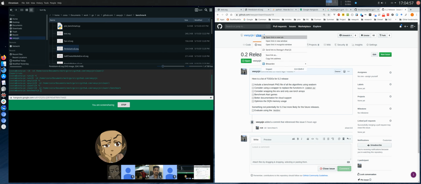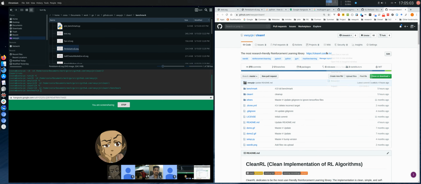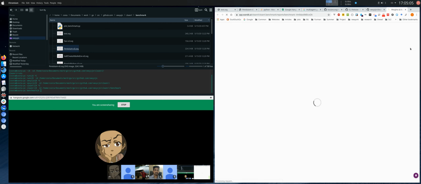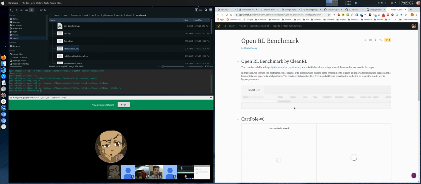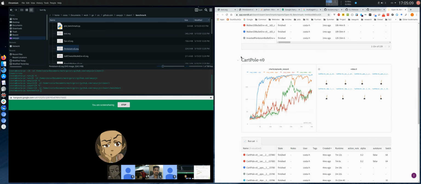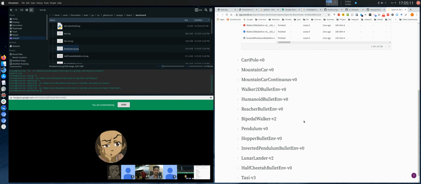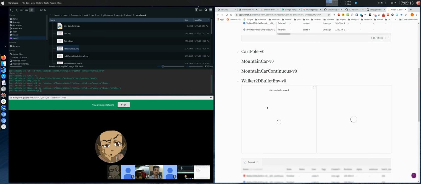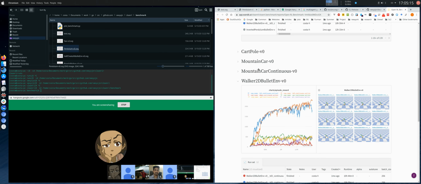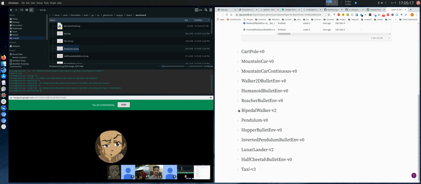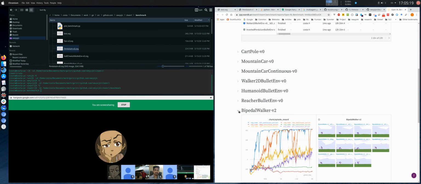So first of all, I want to include a benchmark PNG file for all of the algorithms using Seaborn. As you guys know, the current benchmark can be difficult to use. For example, you can't see the agent's performance in all of the games at once, because if you do so, the browser becomes very laggy, unusable on the mobile platform.